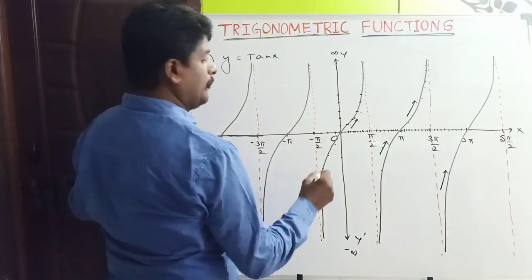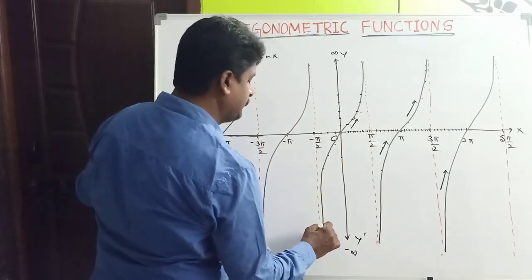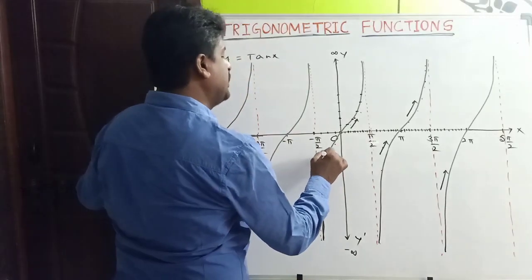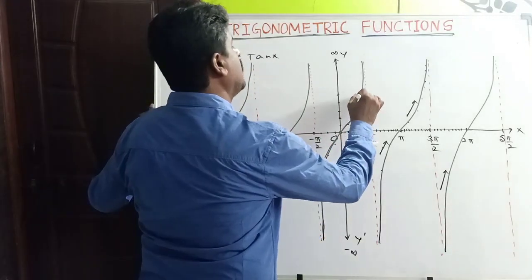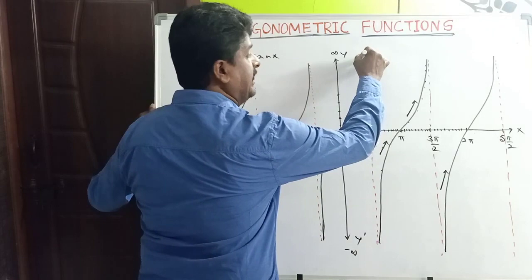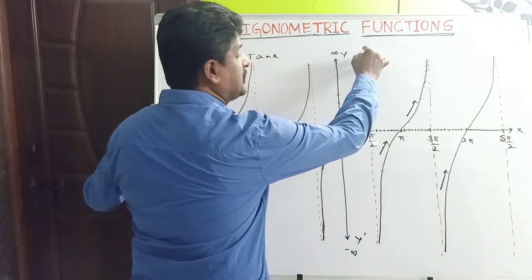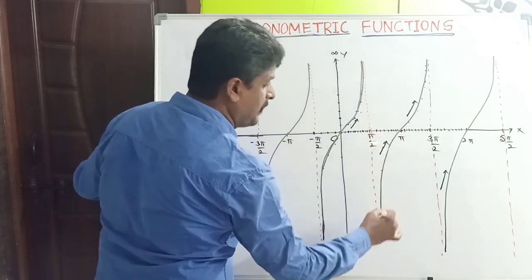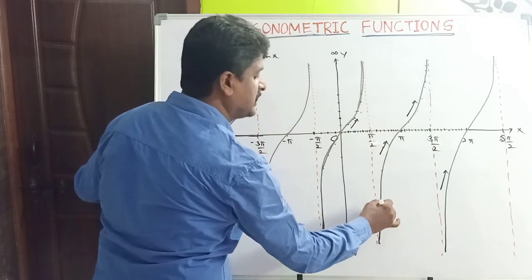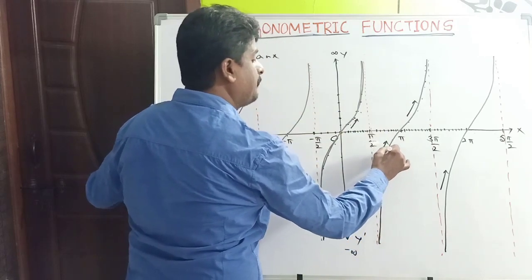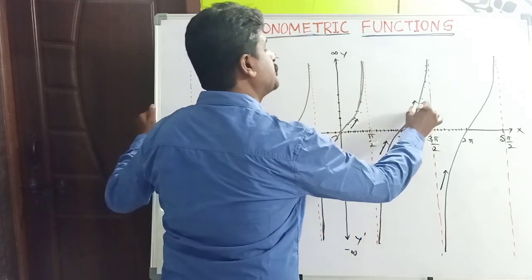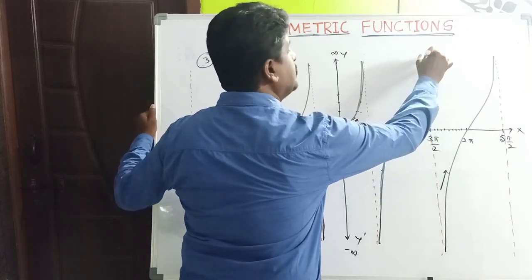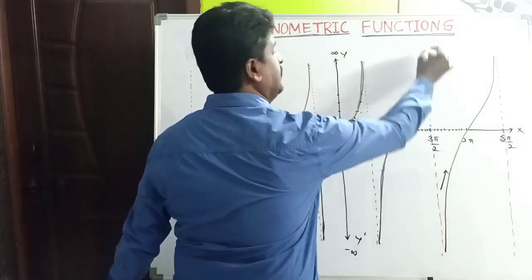But here one thing will happen: the graph from minus pi by 2 to plus pi by 2 can be drawn continuously. Then at pi by 2 we have to lift the marker and start from here. Again, from pi by 2 to the right, till 3 pi by 2, the graph can be drawn continuously.